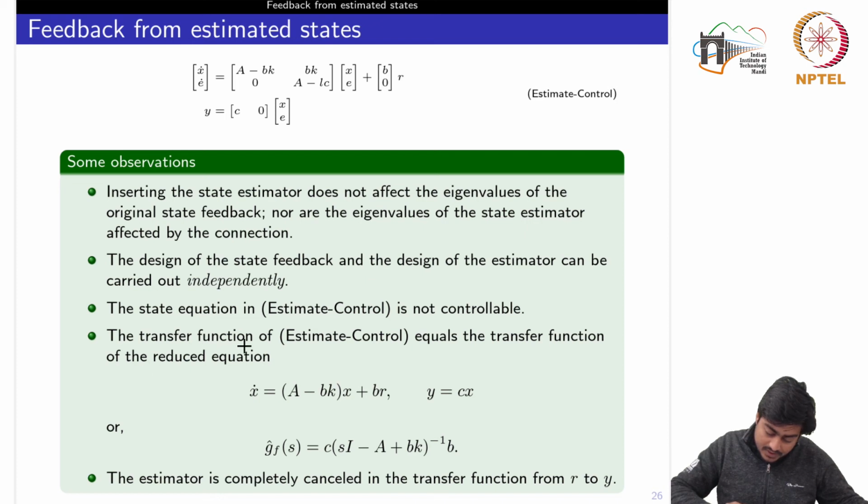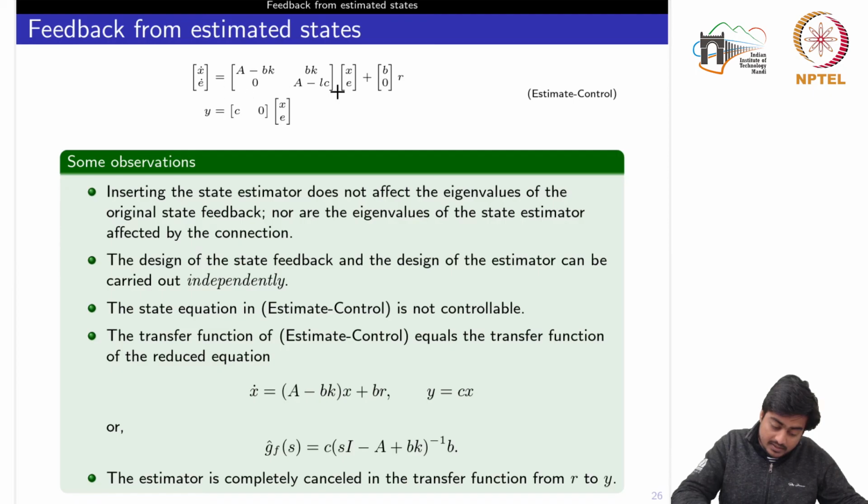Now talking about the transfer function. If we compute the transfer function of this one, it basically equals the transfer function of the reduced equation of this one, which we had already seen as G hat F, the transfer function of the feedback system. It is given by this one. And as a consequence of this, the estimator is completely cancelled in the transfer function from R to Y. Right?